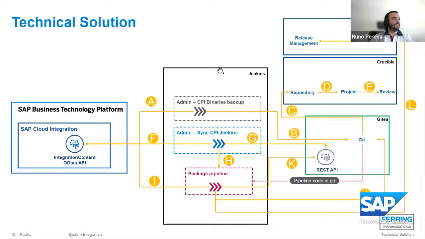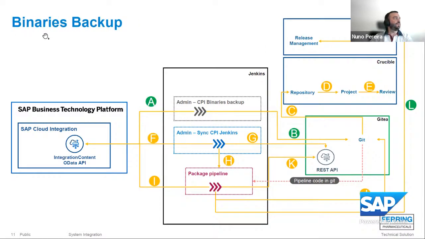In the middle, we can see Jenkins, which is our main orchestrator, let's say. We also have Git, our source code repository. We have references to Crucible for the code review process. And here we have Jira for the release management part.